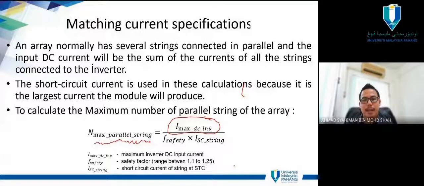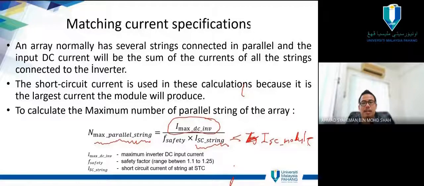I max DC inverter tu input current untuk inverter tadi. And then over F safety multiply with the ISC string. ISC string ni sama dengan ISC modul.